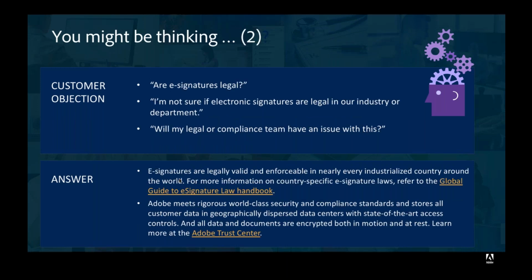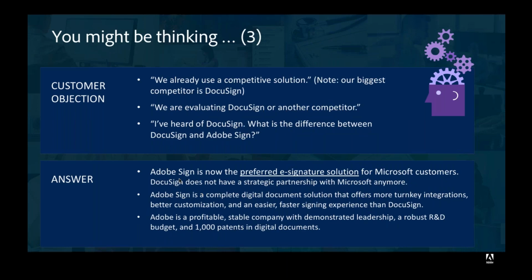Okay, and then one last one, which is, if any of you attending this are using or evaluating a competitive solution, certainly the one that we hear a lot about is DocuSign. It could be that nobody has any question around this, but just in case, what might be important for you is understanding the difference between what DocuSign and Adobe Sign do.